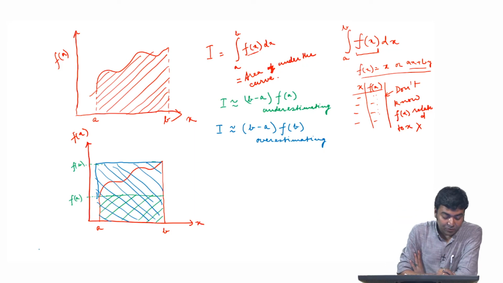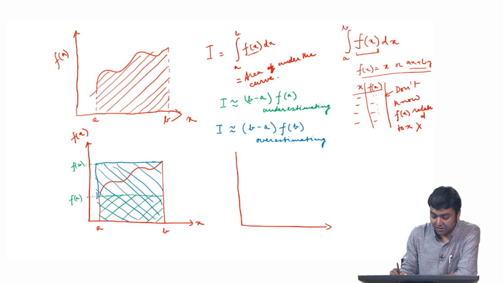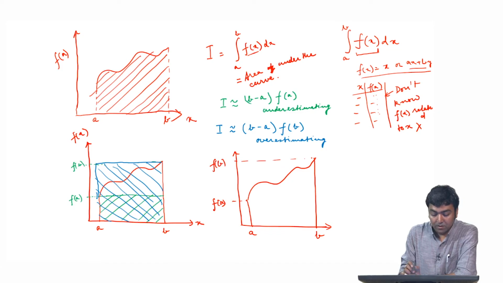Now, what happens if I do it in the following way? Again, this is my curve, and this is my A. So far I was either taking this area or this larger area.